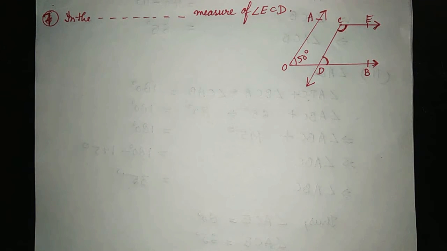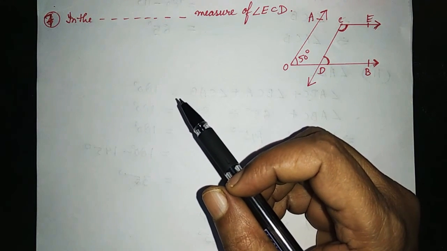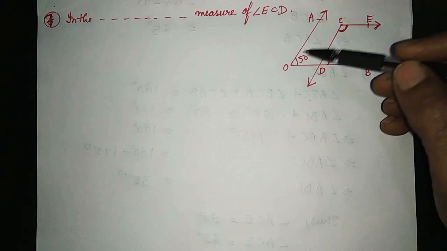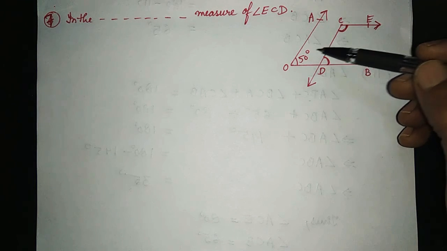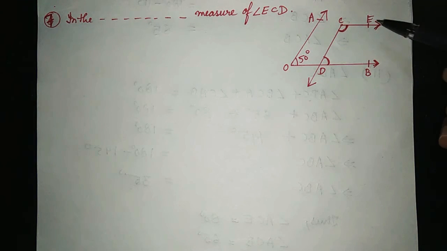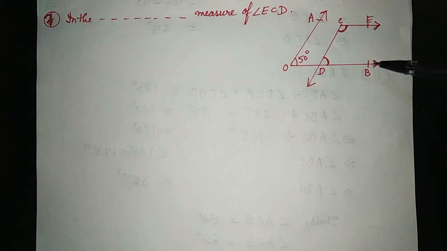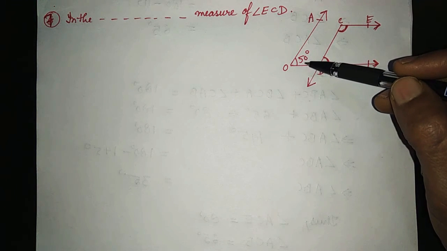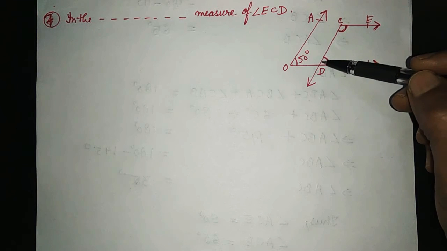See the question number 7. In the adjoining figure, it is being given that AO is parallel to CD, OB is parallel to CE, and angle AOB is equals to 50 degree. Find the measure of angle ECD.